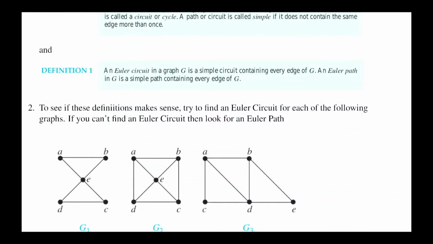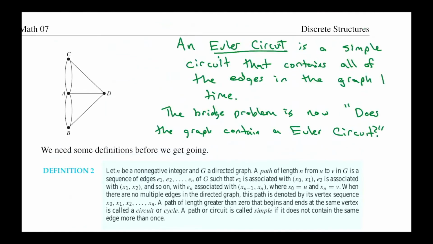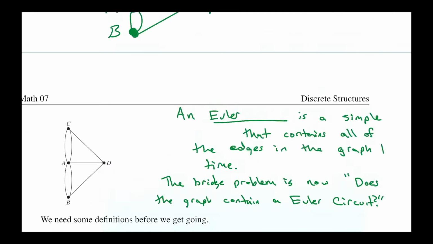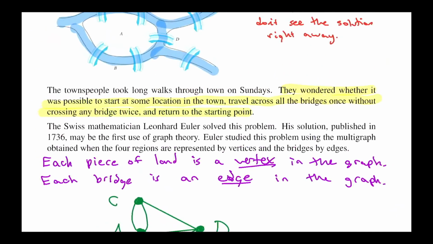So now here's the definition of an Euler circuit. It says what we just said: a simple circuit containing every edge. An Euler path is a simple path containing every edge, right? So there's an Euler circuit and an Euler path. The circuit starts and stops at the same vertex, and a path is a path containing every edge. Oh, actually, technically, I don't think the problem up here said that we needed to.